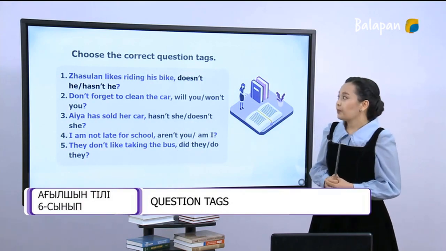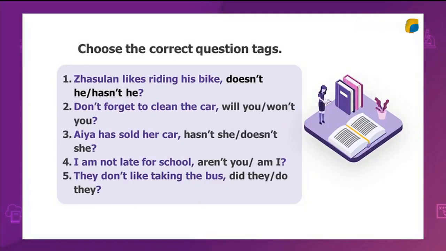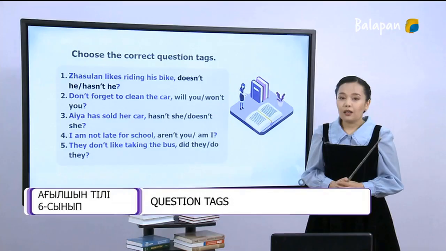Next task. Choose the correct question tag. You have some time to do this task. Boys and girls, let's check.